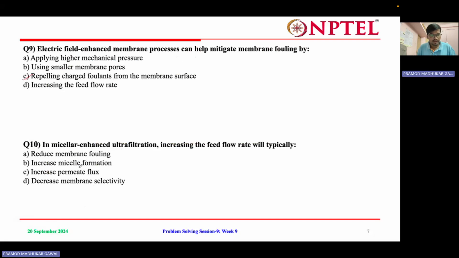Question number 10. In a micellar enhanced ultrafiltration, increasing the feed flow rate will typically.